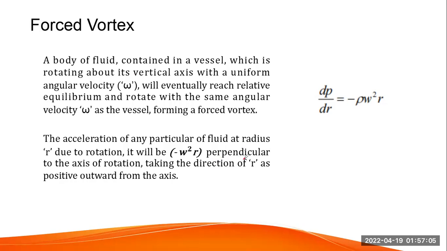So it is perpendicular to the axis of rotation, taking the direction ng ating radius as positive outward from the axis. Next slide. With this definition, yung ating formula para ma-derive dP over dr: derivation of pressure over derivation ng ating radius is equals to negative rho omega squared times r, or radius. Okay, next slide.